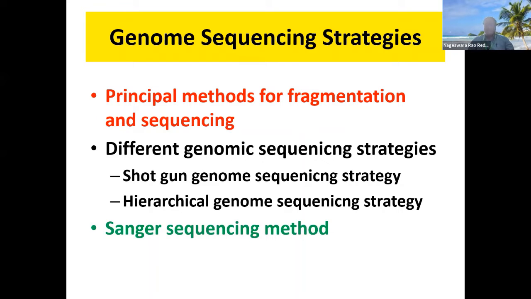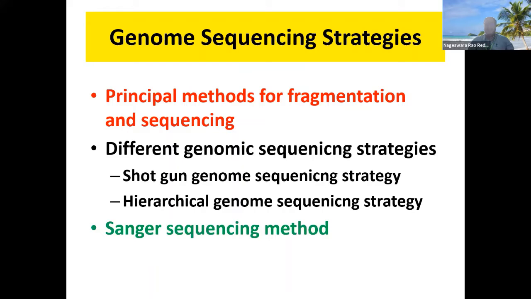And last, we have seen how Sanger is giving us an edge for sequencing the genome of 600 base pairs. Okay, so why have we gone for Sanger's method? Because the genome sequencing strategy will just give us a clone, but that clone is brought from 3.3 billion base pairs down to 600. Now that 600 base pairs is subjected to Sanger sequencing, and then we get the DNA sequence. We learned the preliminary Sanger sequencing method and the advances in it.